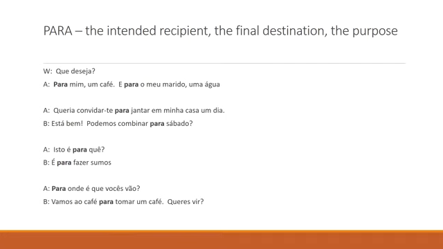Para onde é que vocês vão? Vamos ao café para tomar café. Queres vir? So, where are you guys going? Literally, to where or for where are you guys going? We're going to the cafe to have a coffee. Do you want to come?